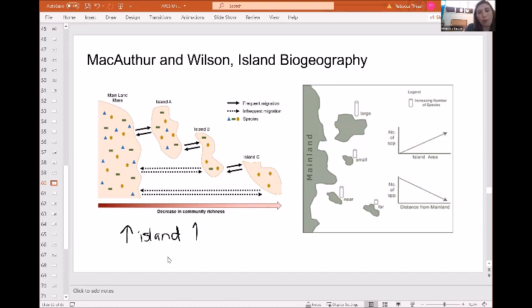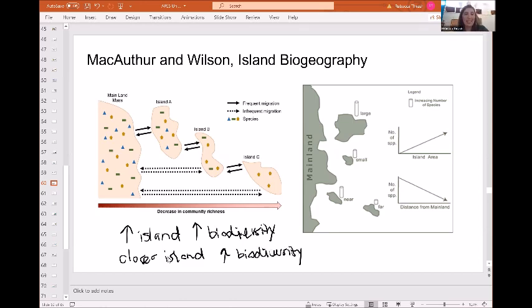the more the biodiversity will likely be there. That's because there's just more room in order for species to not be in competition. Also, the closer the island to the mainland, the greater amount of biodiversity.